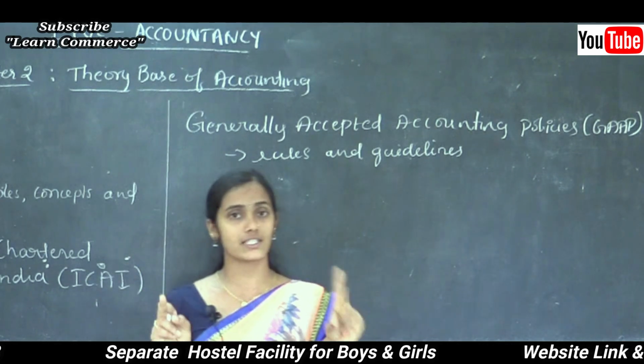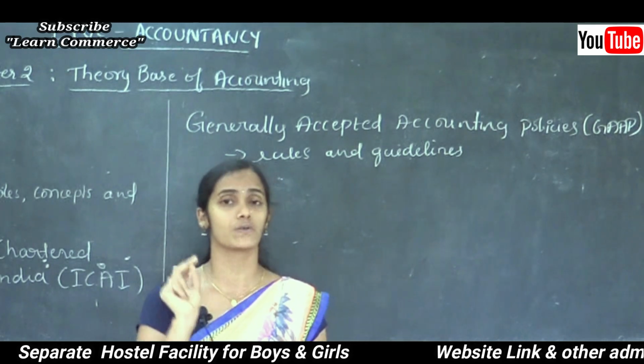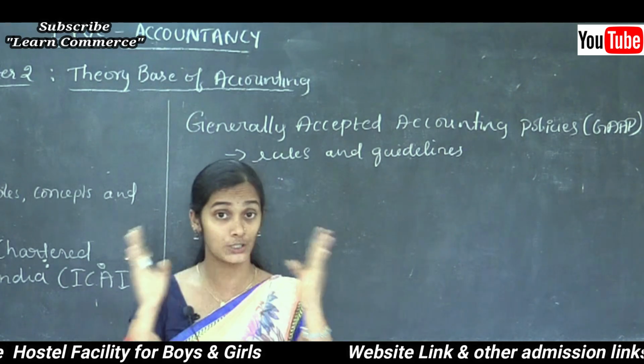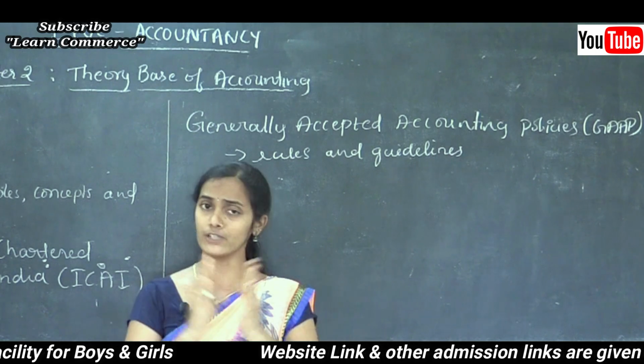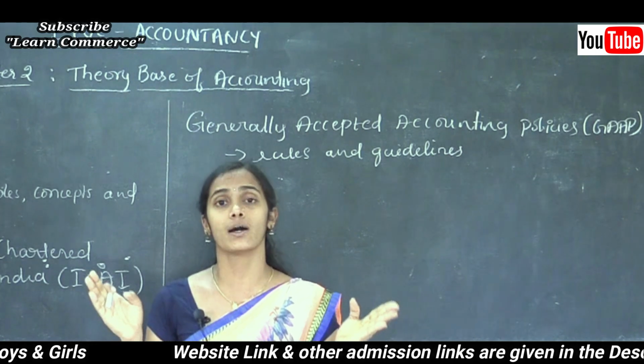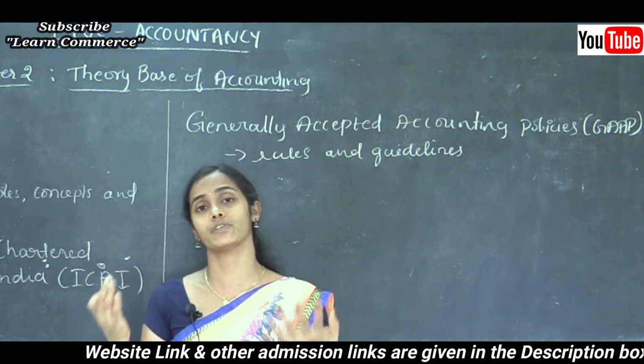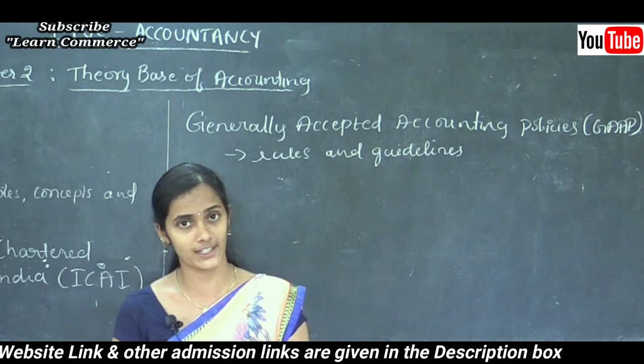Each and every transaction affects 2 different accounts, so we need to record it in 2 different accounts. We need to pass journal entries, and after that post those journal entries into the ledger.